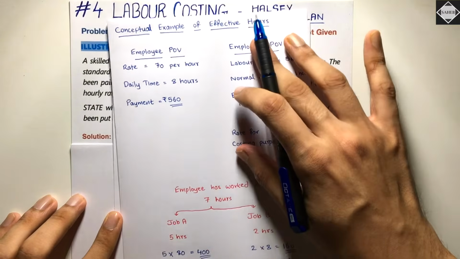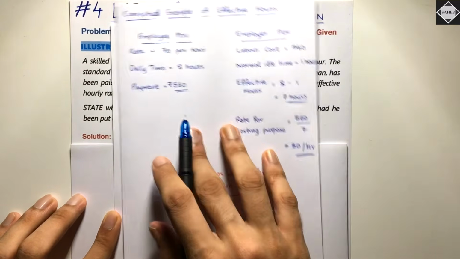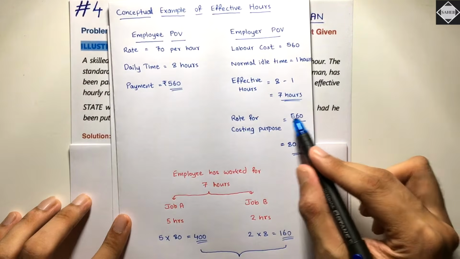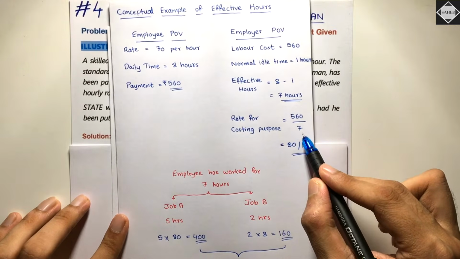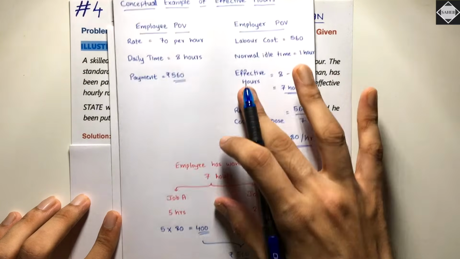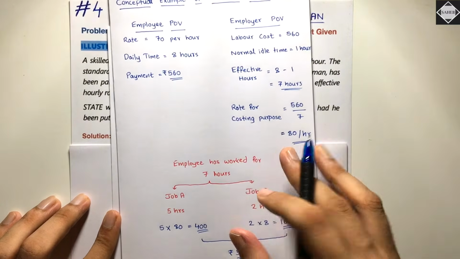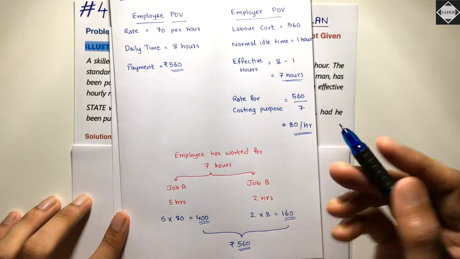Now rate for costing purpose. What is this? This is effective rate per hour. Rate for costing purpose. See here, 560 total labor cost divided by 7 effective hours. That's equal to 80 rupees per hour. Now, if that employee has worked for 7 hours, isn't it? 7 productive hours, right?